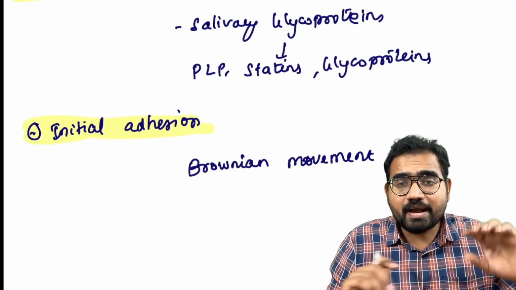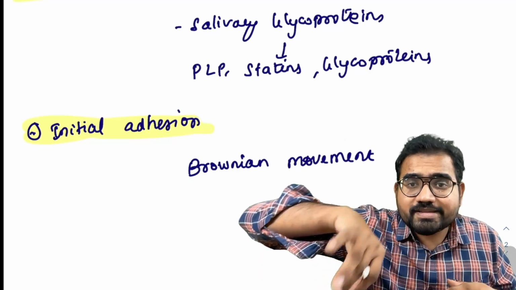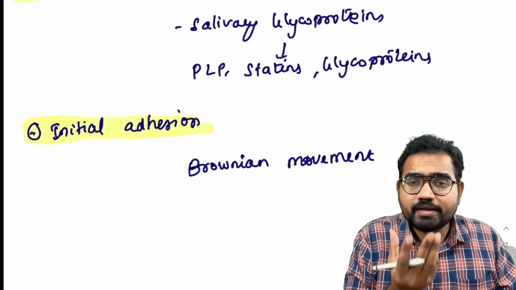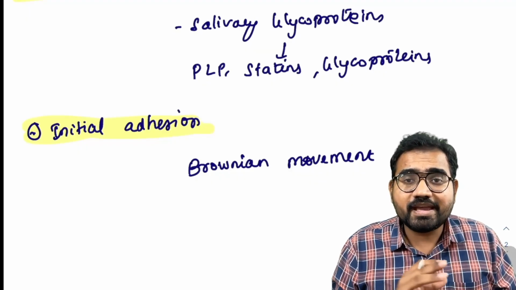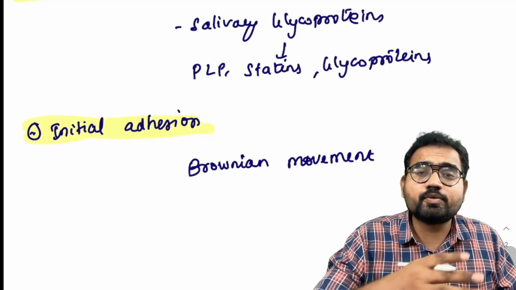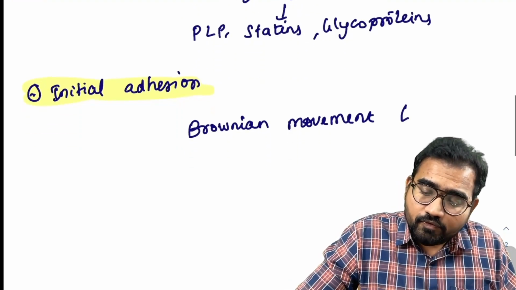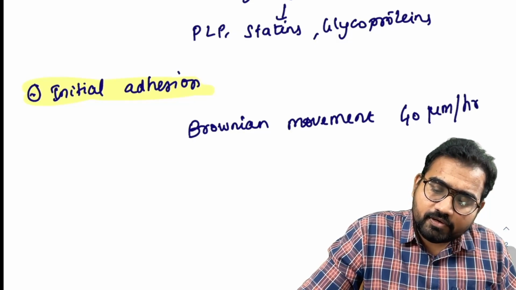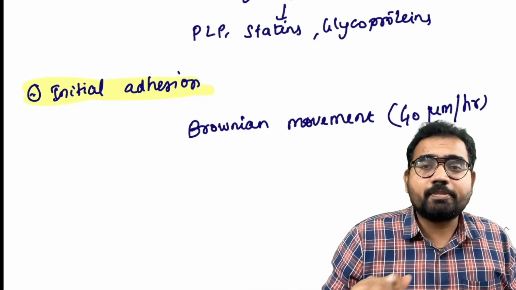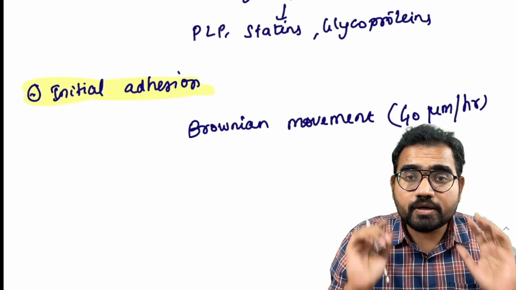So the bacteria in your saliva or oral cavity moves with the help of Brownian movement, especially at 40 micrometers per hour, towards the pellicle, because pellicle is like a glue, and it attaches to it.